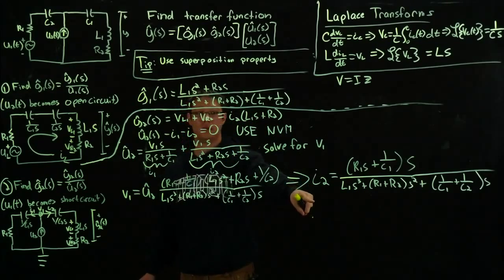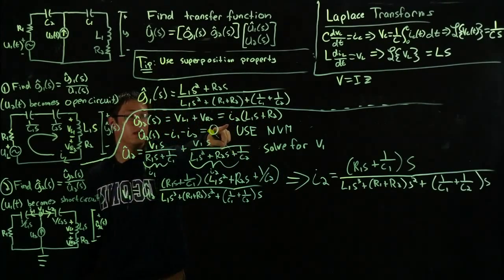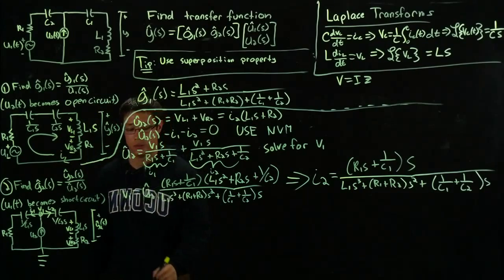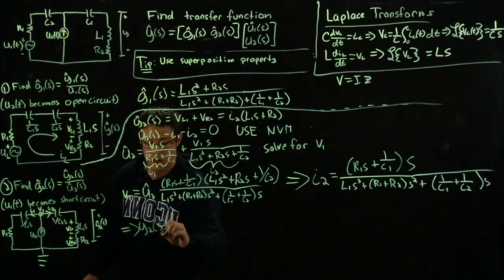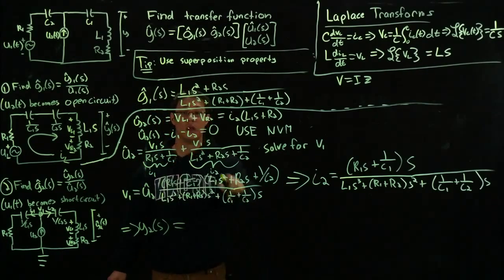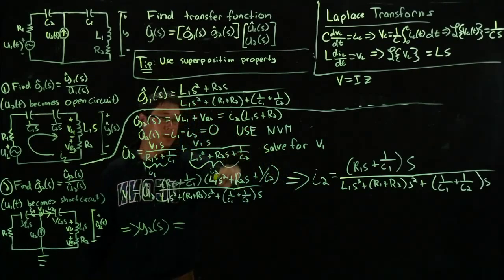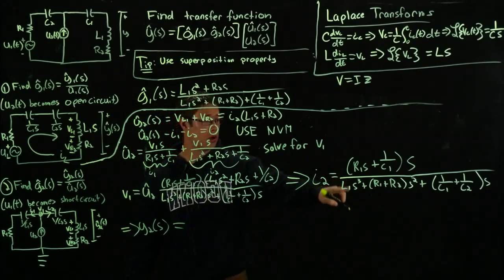So now with our I2, we can finally find our solution, which means Y2 of S is equal to I2 times L1S plus R2.